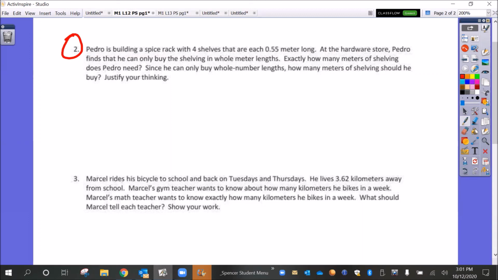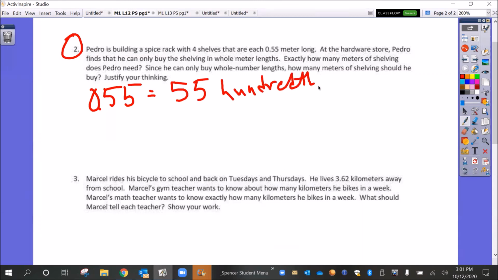Well, let's first figure out how many meters that he absolutely needs, and then think about what he'll do. So let's take 0.55 or 55 hundredths and convert that into unit form of 55 hundredths. Now let's take that 55 hundredths and multiply it by the 4 shelves he needs.